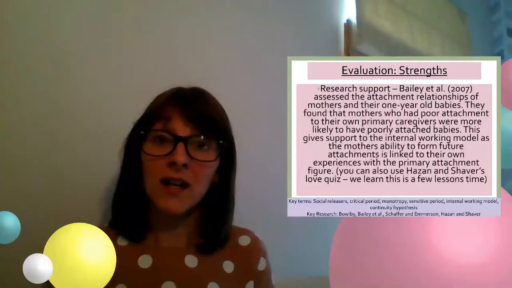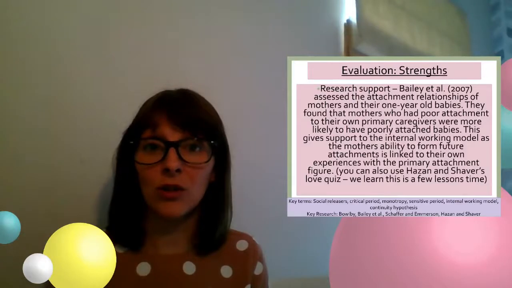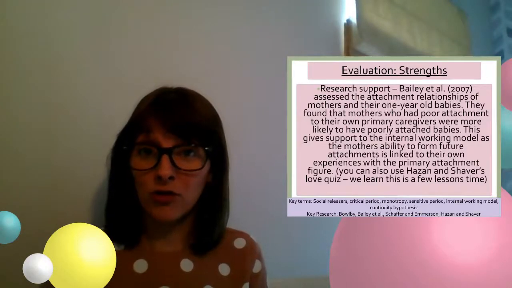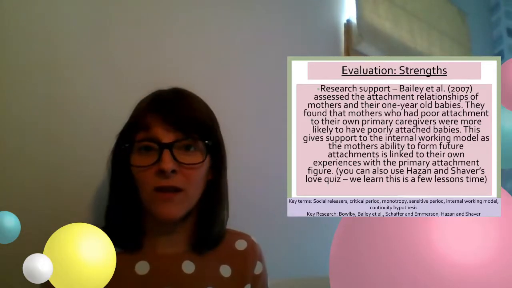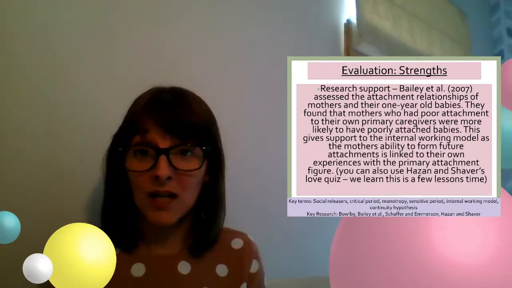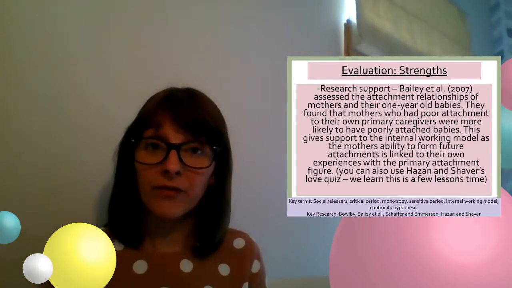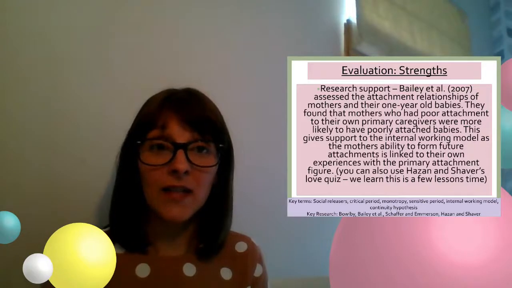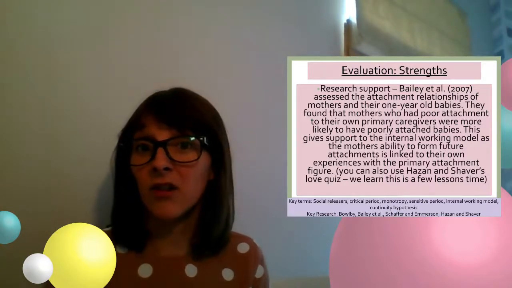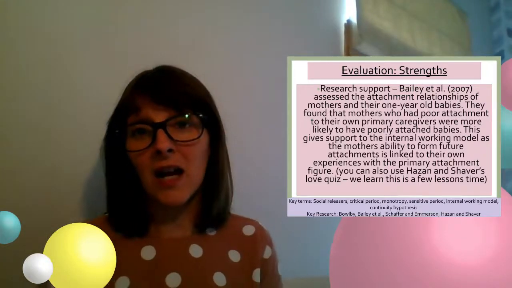They found that an individual who had a poor attachment as a child was more likely to not believe in love at first sight, and they were also more likely to be divorced, whereas an infant who had a secure attachment, so a good attachment, to their parents, was more likely to believe in love at first sight, and also less likely to be divorced. So that shows some continuity of their attachments over time.